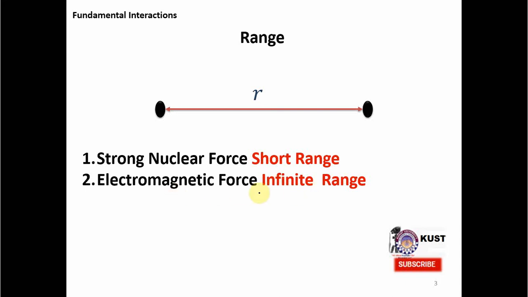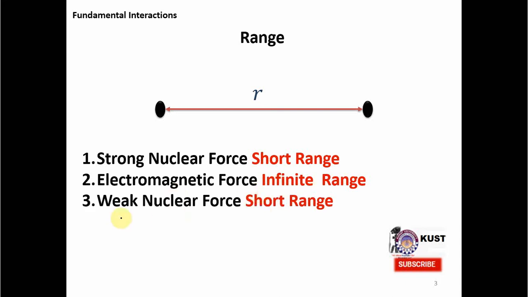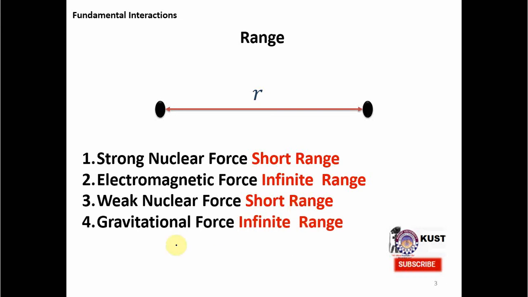And then we have the weak nuclear force, which is also short range, because initially it was almost thought of as a contact force, which means that it operates when two particles are in contact. But now we know that although it is very, very short range, it is still effective at some separation distance. And the last force is the gravitational force.